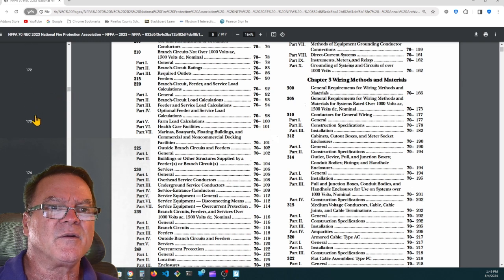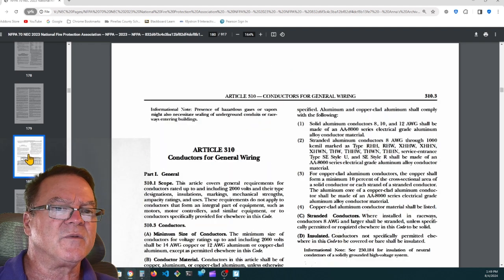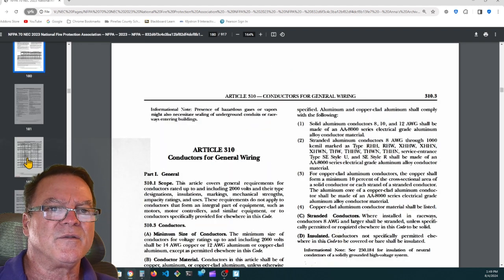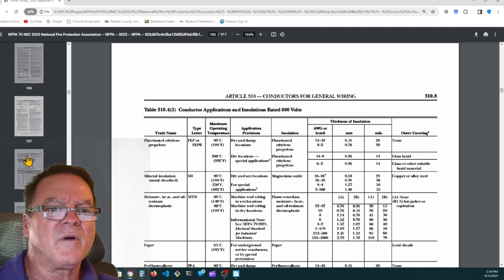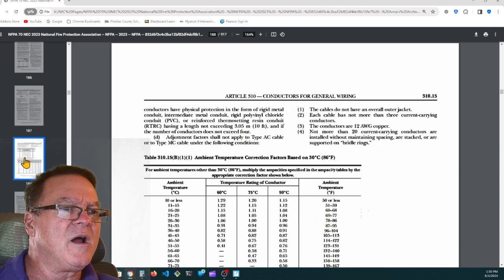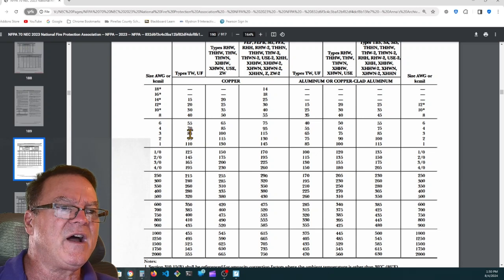Here's article 310, 310.4, 310.15(B). Here's 310.16. So we need a 75 amp.